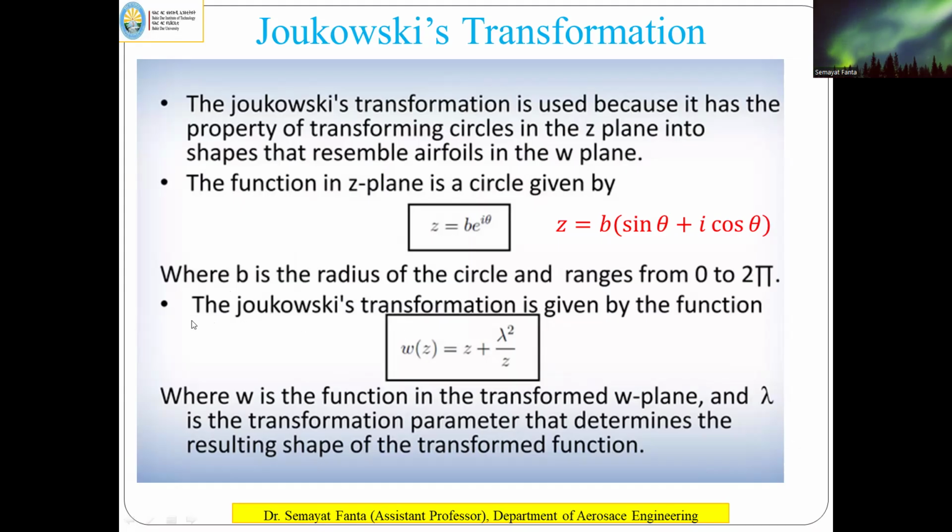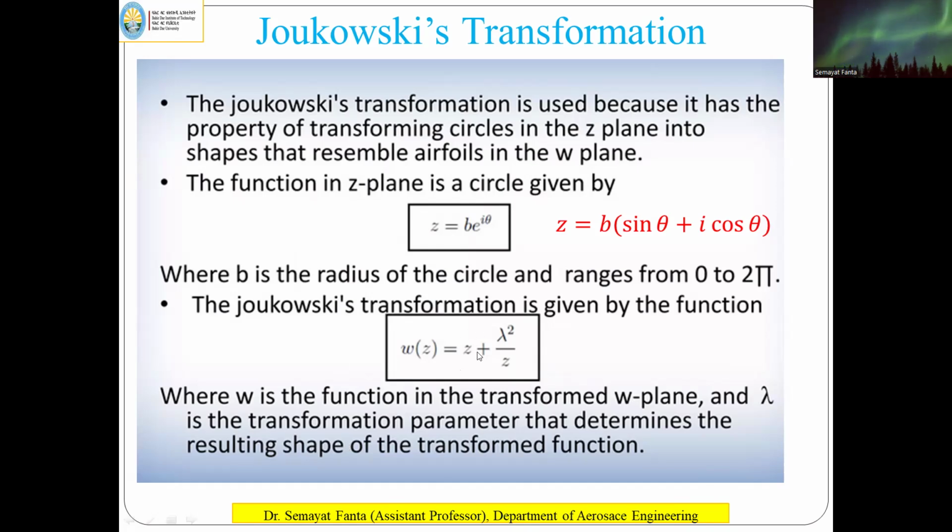And the Joukowski transformation is given by the function w of z equals z plus lambda squared over z, where w is the function in the transformed W plane and lambda is the transformation parameter that determines the resulting shape of the transformed function.